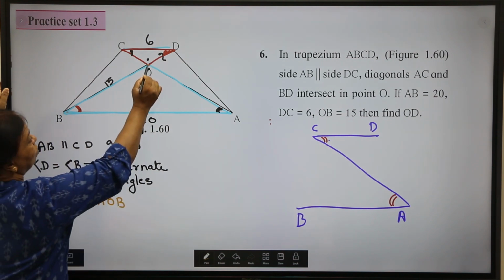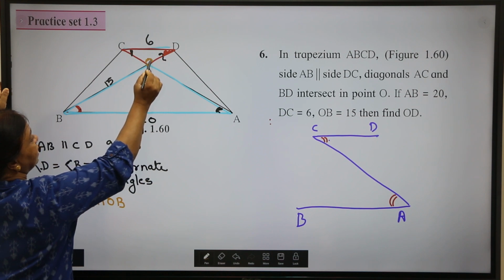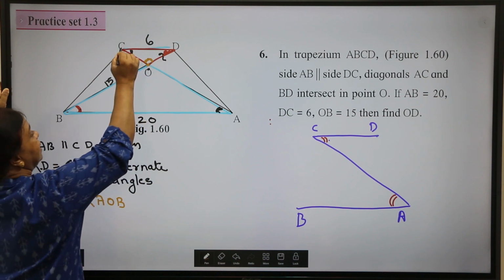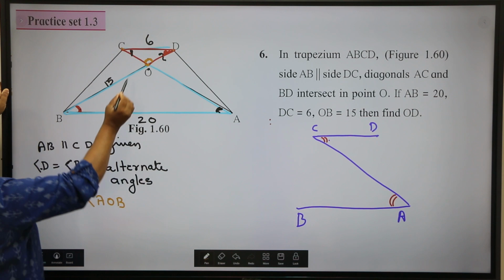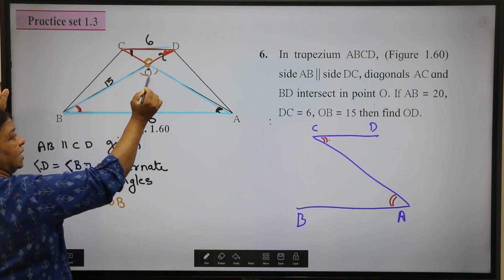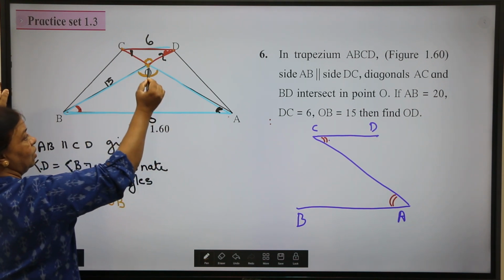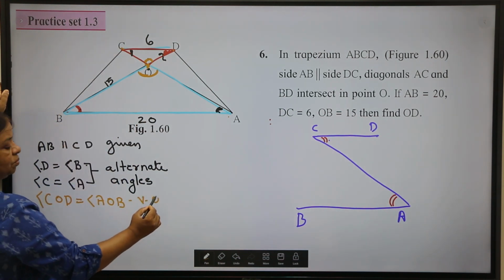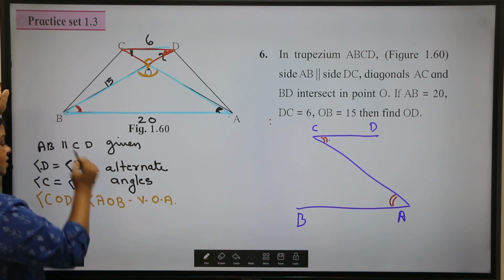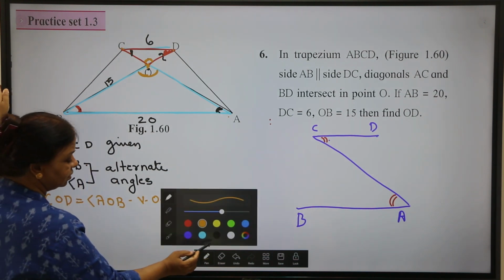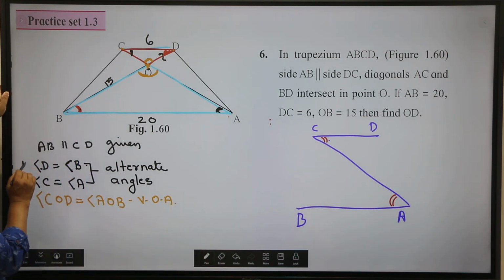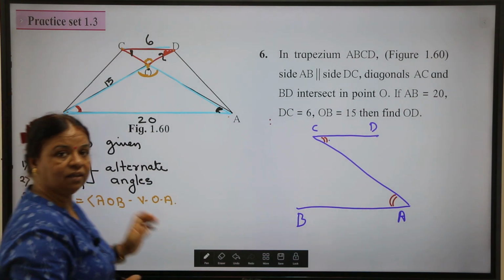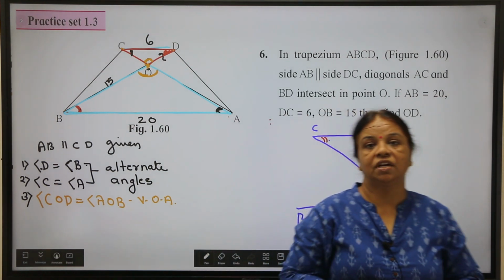If I want angle O in the middle, I write COD, and on this side write AOB. Which angle? Vertically opposite angle. Since three angles are equal to one another, therefore these two triangles are similar.